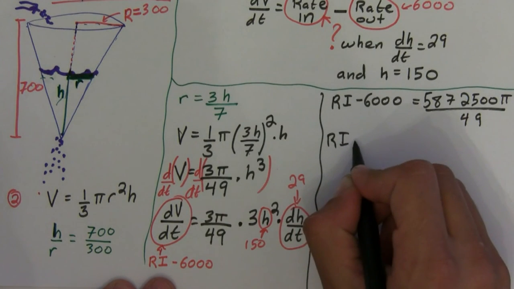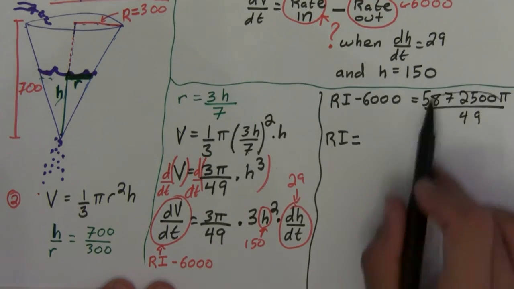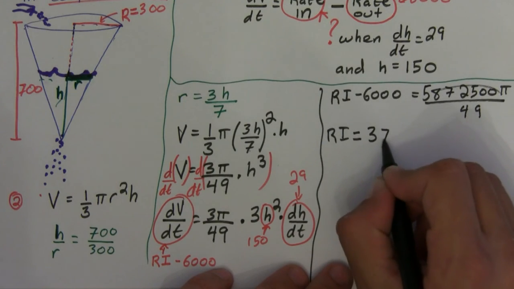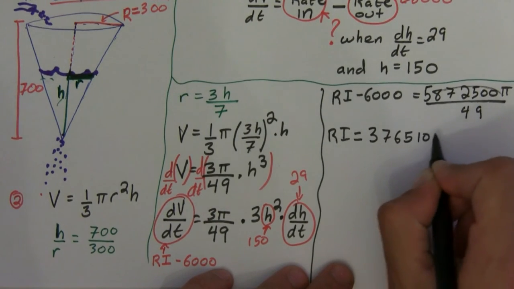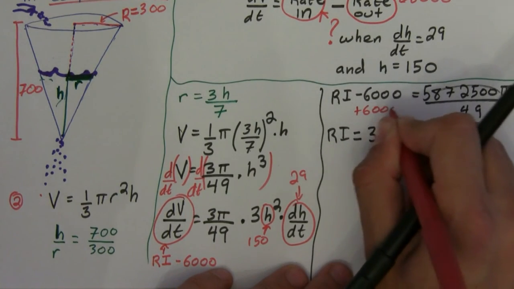And so the rate in is equal to this whole thing, if I approximate it, I would get 376,510, and then I need to add the 6,000 on both sides.